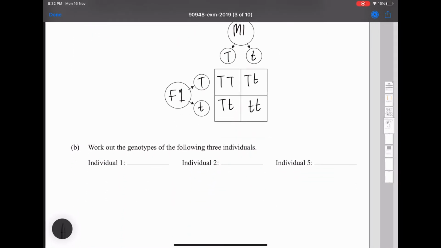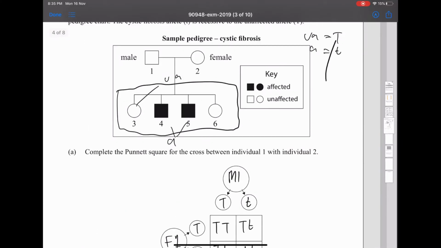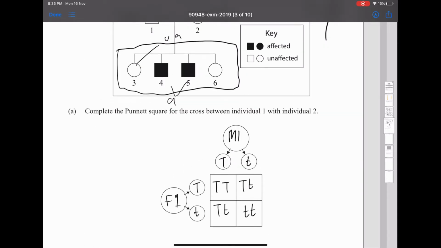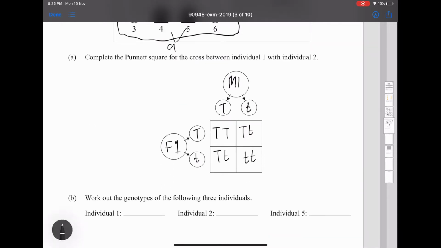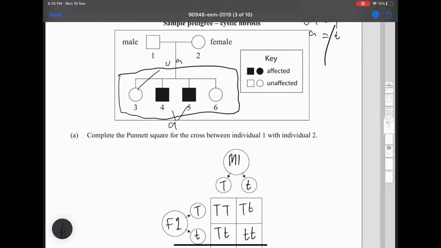Work out the genotypes of the following 3 individuals. So it's wanting us to go back up to the chart and identify which individual has the genotypes. So for individual 1, we can see that it's male 1, so it'll carry a Tt allele, as we know that both parents carry the heterozygous allele.